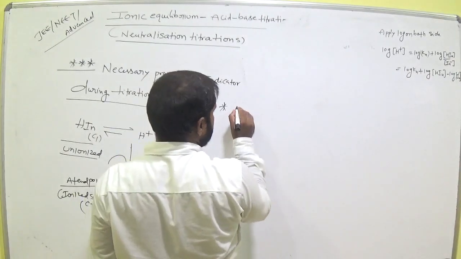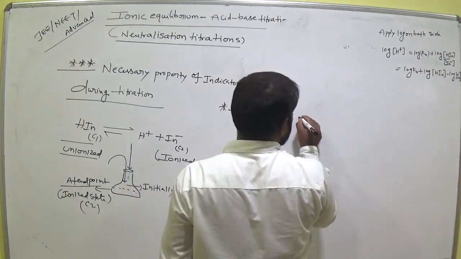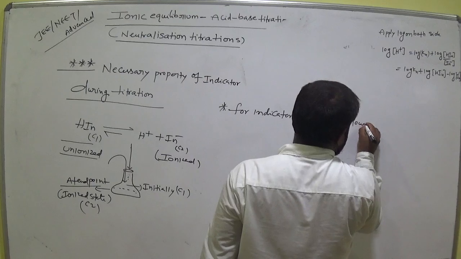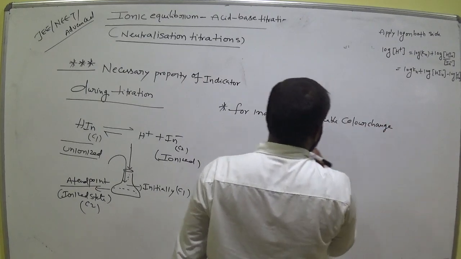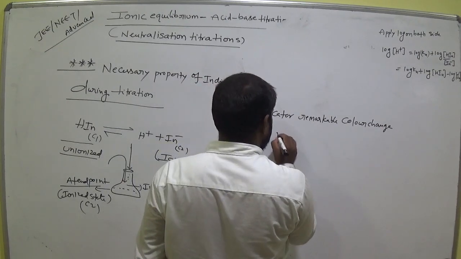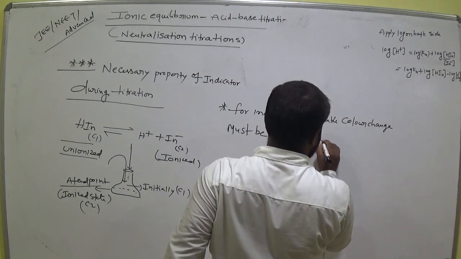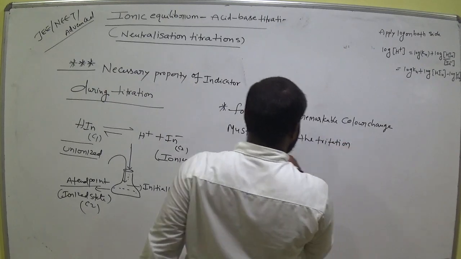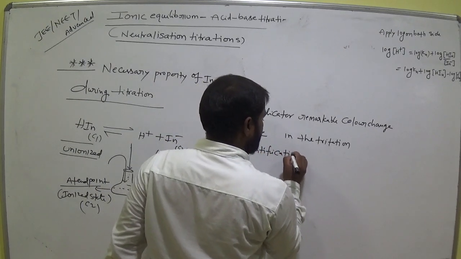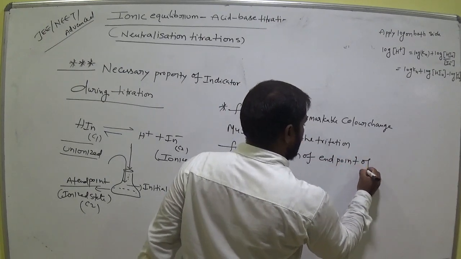For an indicator, a remarkable color change must be there in the titration for identification of the end point of the titration.